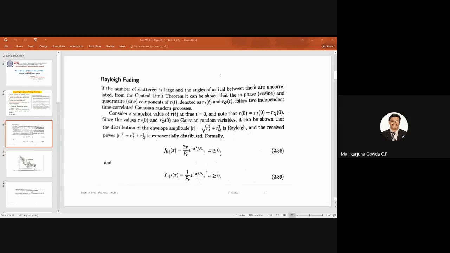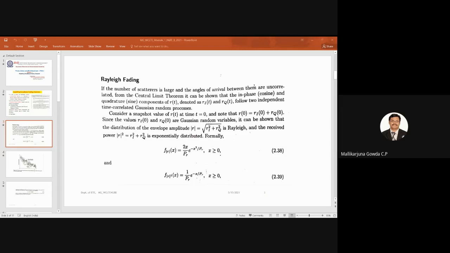R of 0 is equal to Ri of 0 plus Rq of 0. So Ri of 0 and Rq of 0 are the in-phase and quadrature components, and they are Gaussian random variables. The distribution with respect to amplitude, the square root of R square I plus R square Q, is Rayleigh. And the received power, which we denote as R mod square, equal to R square I plus R square Q, has an exponential distribution.